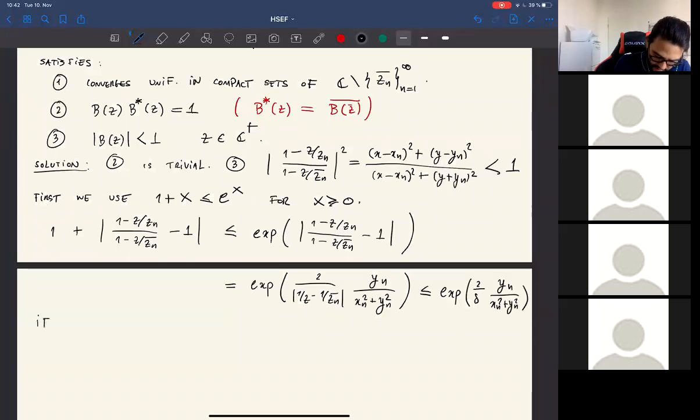And then this happens if 1 over z minus 1 over z n bar is always greater or equal than delta, which is the same as to say that this would be implied if delta is sufficiently small, of course, if z belongs to a certain compact set K contained in this.